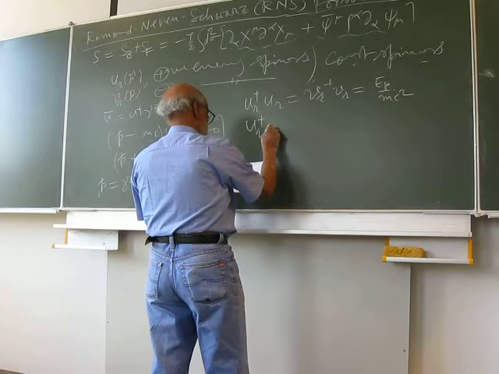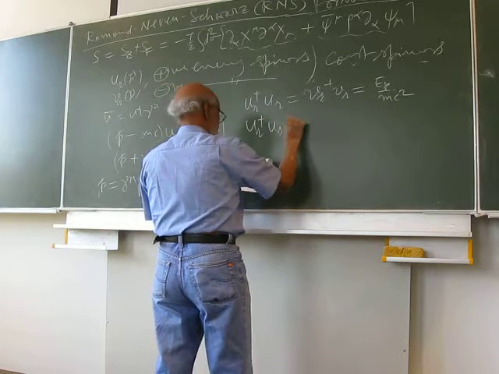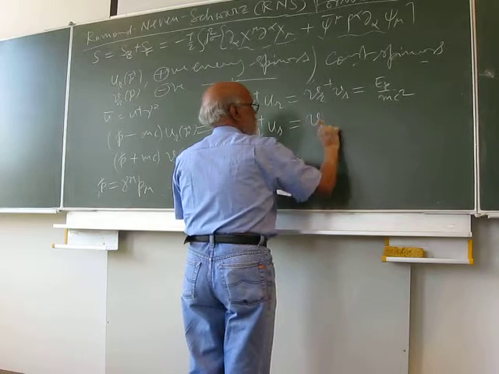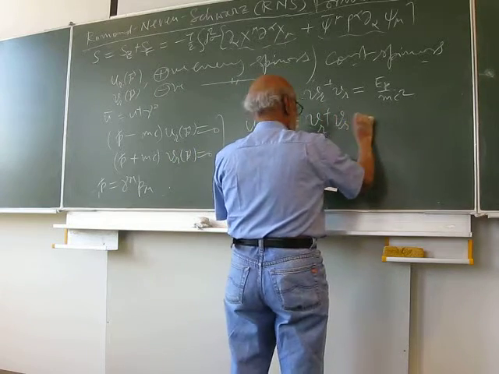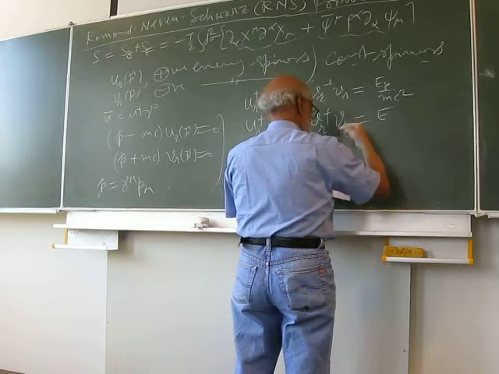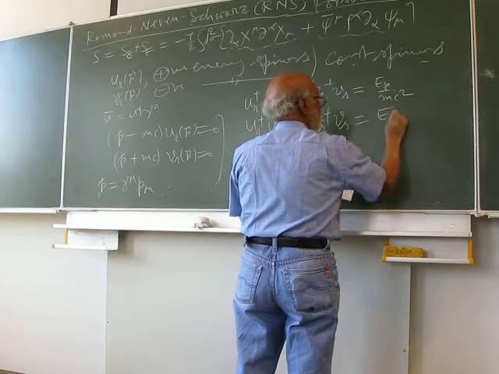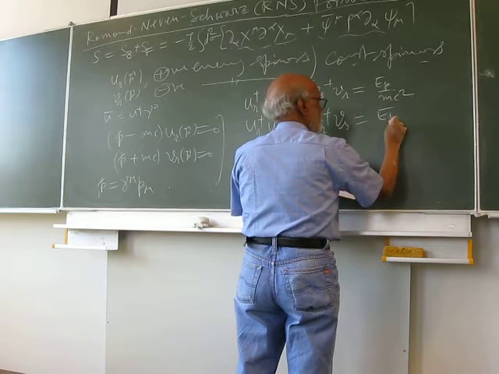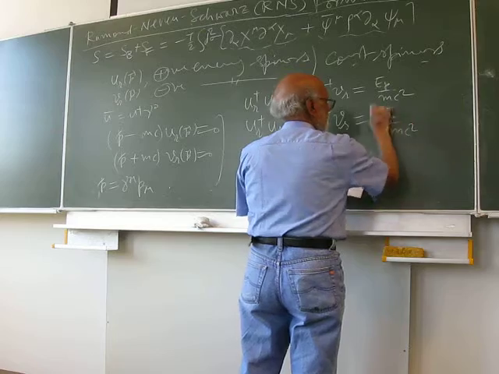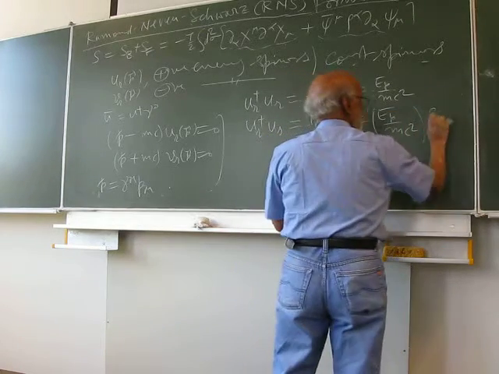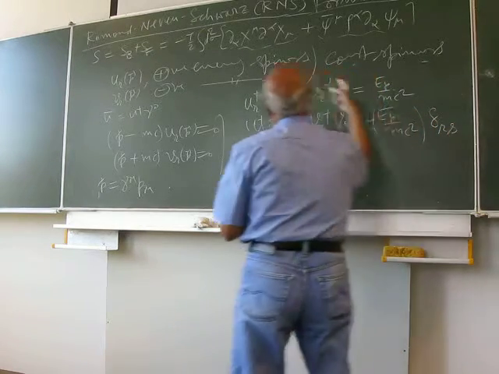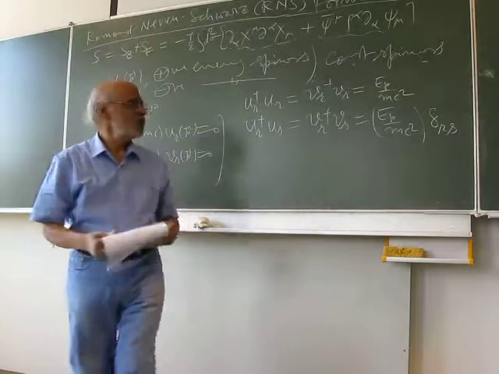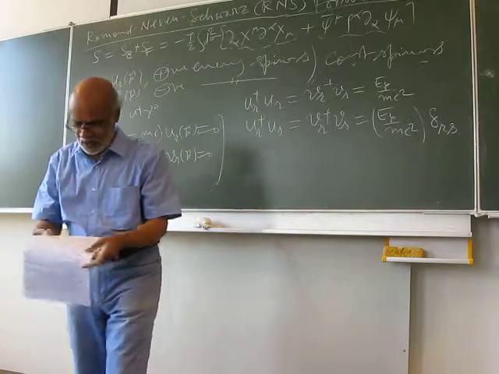And U_R dagger U_S is V_R dagger V_S, equal to E_P by MC squared times delta RS. These are the orthonormality properties, so they contain the norm as well as the orthonormality properties.